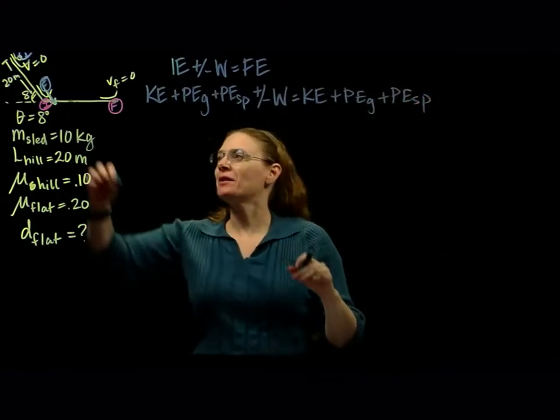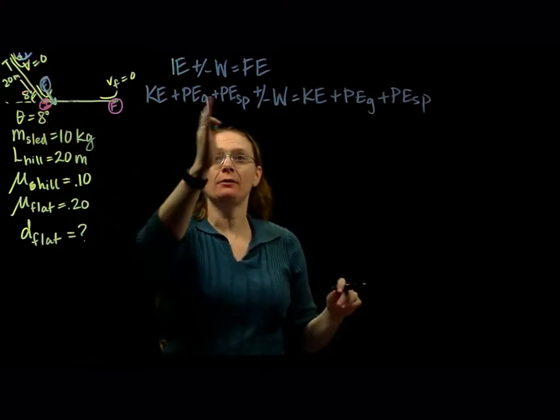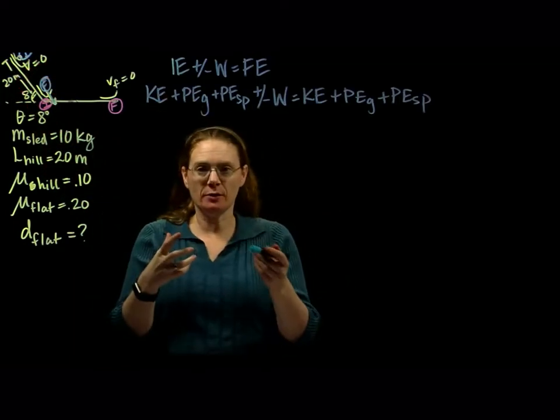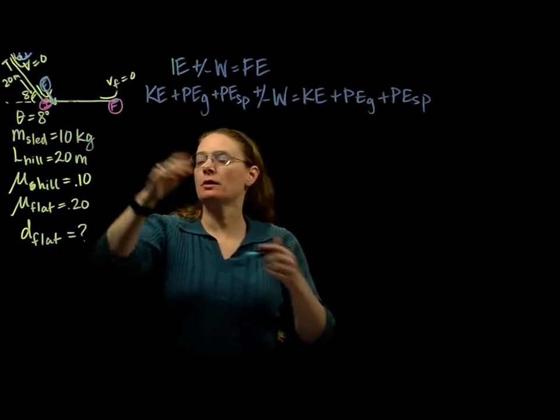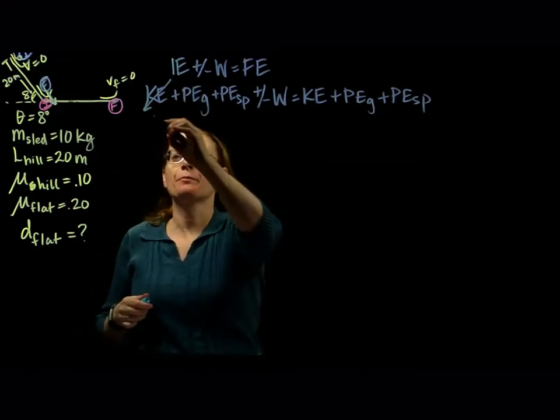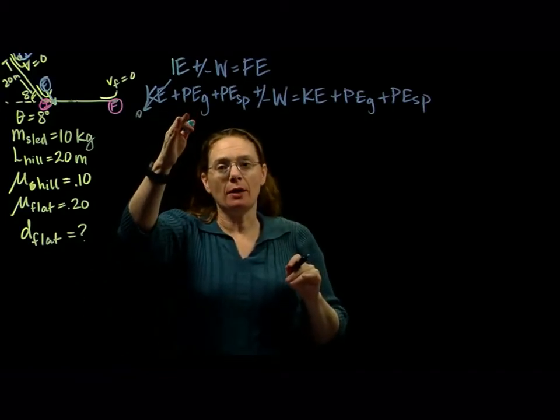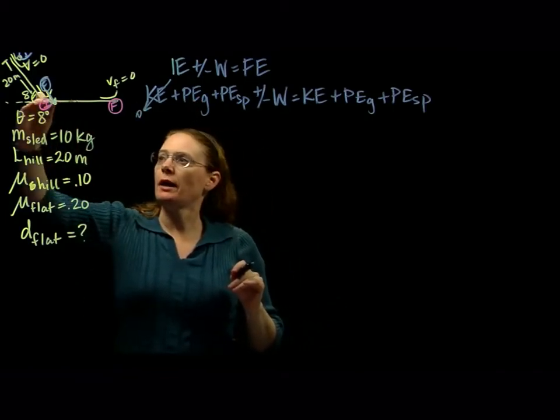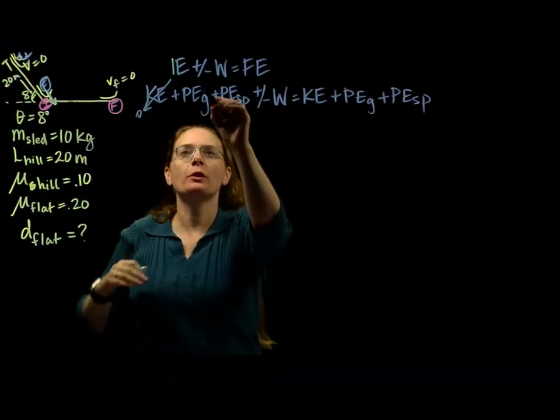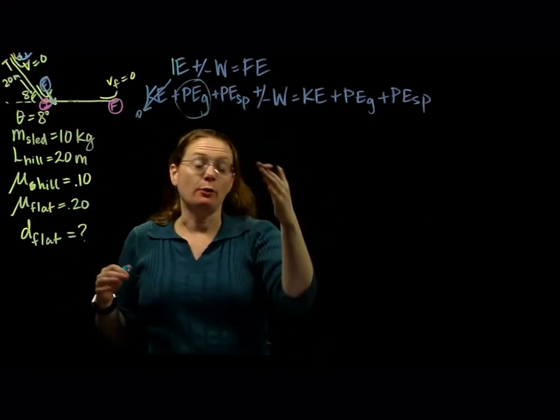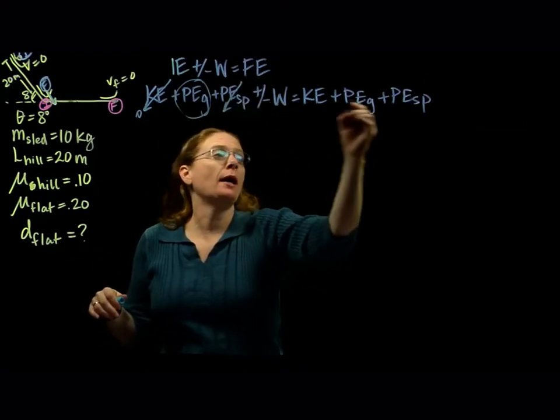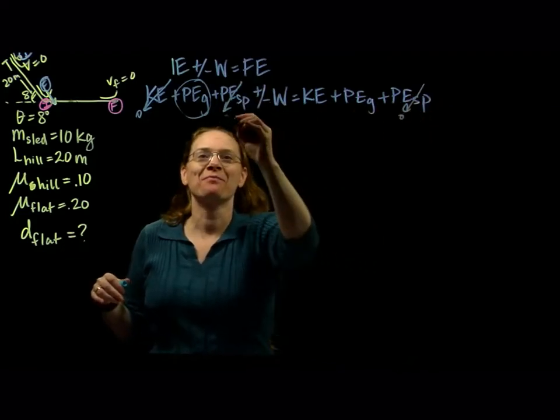Okay, so at the top in our initial, do we have any of these three? The questions to ask yourself: kinetic energy, is something moving? In this case, no. We have no kinetic energy. Is something above its lowest point? Well, yeah, we end down, we start up. We do have potential due to gravity. Is a spring compressed or extended? Well, I don't see a spring in this problem, so I'm not going to worry about spring energy.